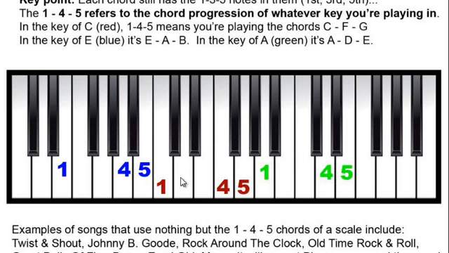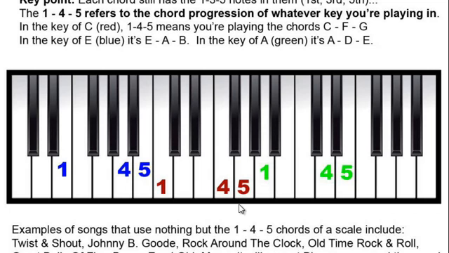If someone told you to play a 2 chord, that would be playing a D. A 3 chord would be an E, and a 4 chord would be an F, and a 5 chord would be a G.